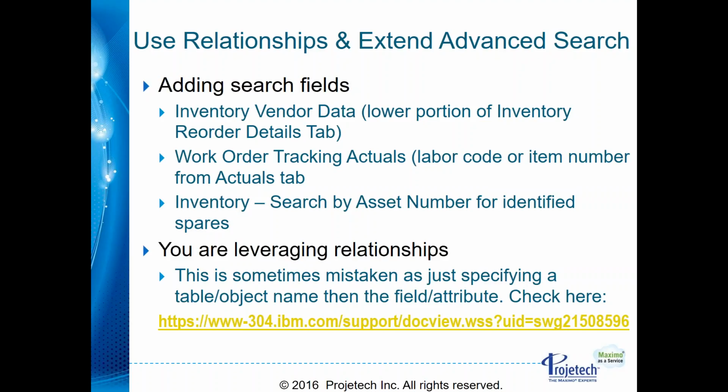So the catalog numbers changed, but if you walk around the storeroom and you find a box, well, the old catalog number was written on the box, usually in magic marker. As a consequence, people would pick it up, reference it, and it wouldn't work because they would search the catalog number of the main inventory record and not the catalog number of the inventory vendor record. So I'll show you how that can be added into the application, into the advanced search, and we'll take a look at that and I'll demo that as well.